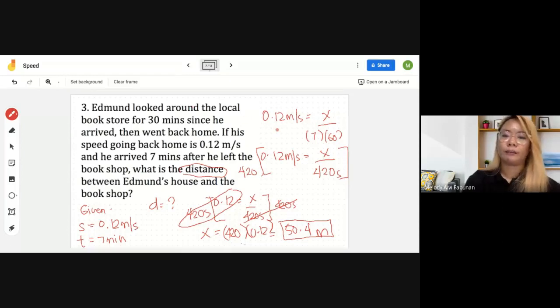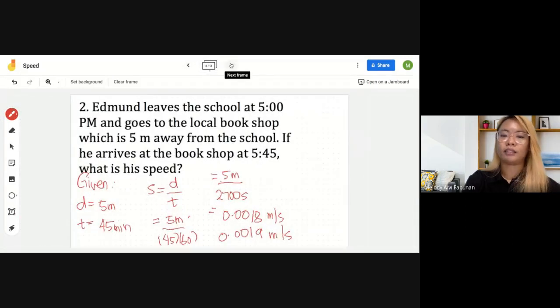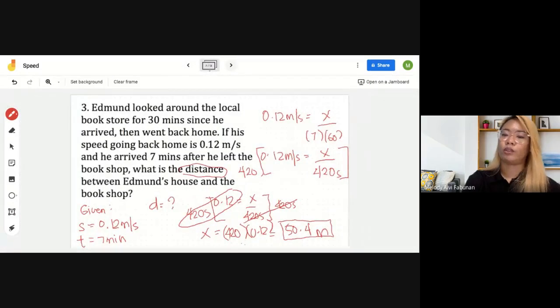So now, the distance between Edmund's house and the local bookshop is around 50.4 meters. So medyo similar lang doon sa distance ng bahay niya tsaka doon sa school. So magkakalapit lang siya.